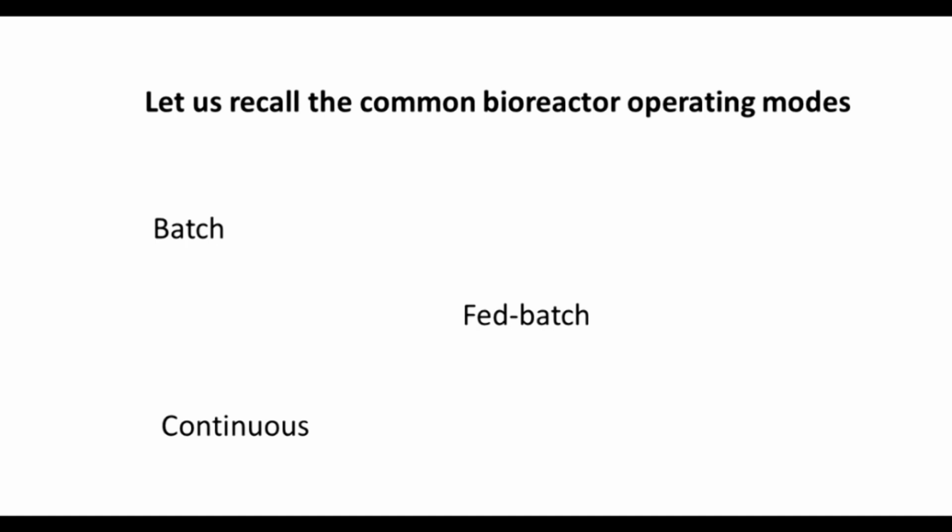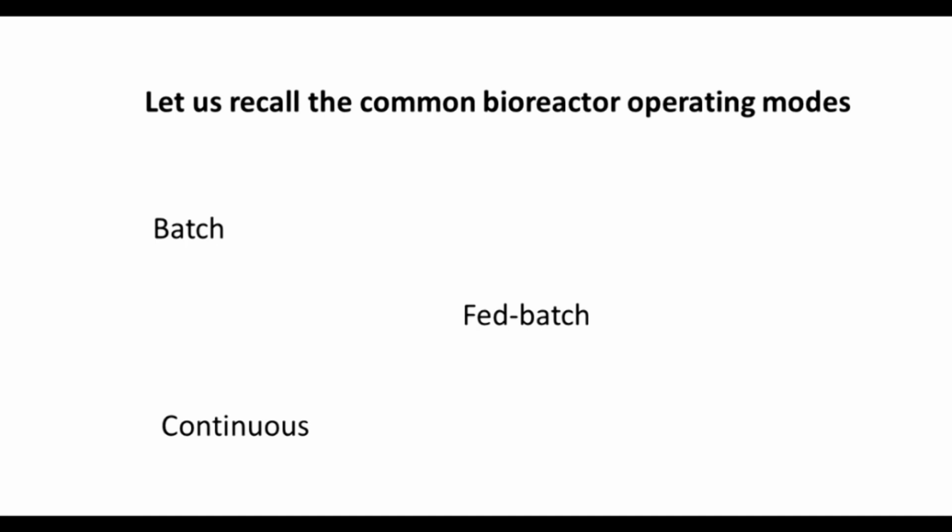Let us look at some basic analysis of these modes, and such an analysis would help us answer design kind of questions. Questions such as how long do we need to operate the bioreactor for a particular desired goal, and so on. That would be a very basic design question that one would want to ask, and then based on that there could be other complex design questions that one can answer through such analysis.